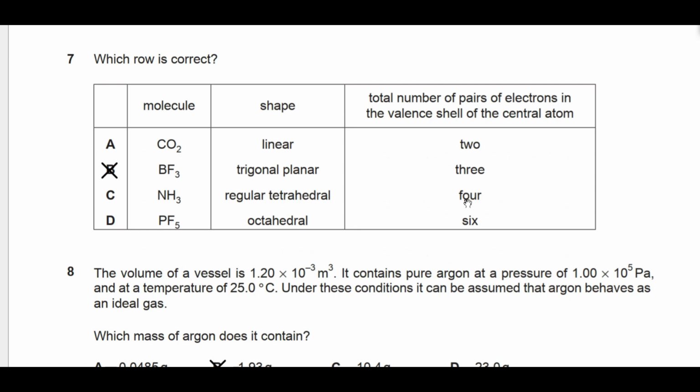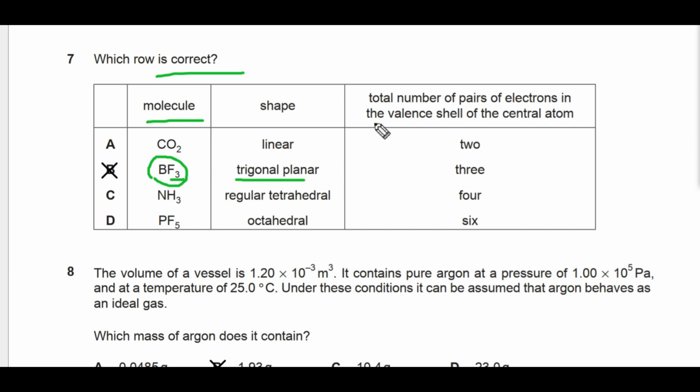Next, number 7, which row is correct? Molecule BF3, boron trifluoride. Boron is a group 3 element, so 3 bond pairs, trigonal planar.